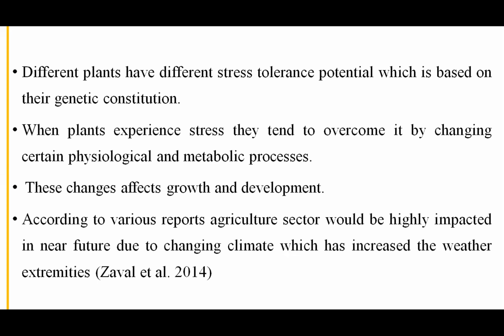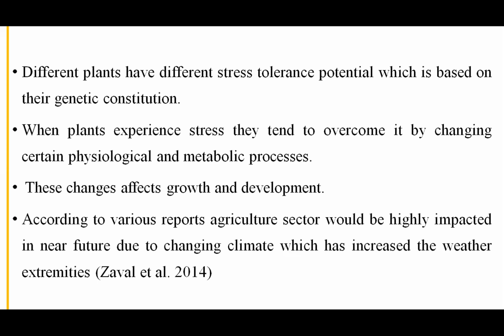So when plants are experiencing all these stresses, they tend to overcome it by changing their physiological or metabolic processes which are going on within, which in turn definitely affects their growth and development. For example, let's say the plant was happy, no stress was there, but now it is stressed, so it will not make seeds.